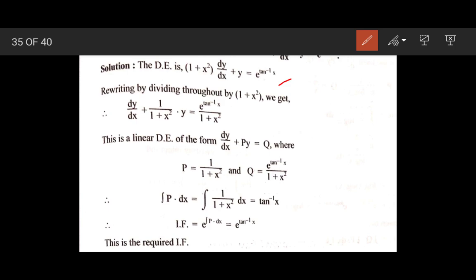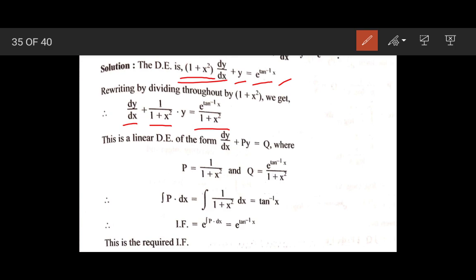Now we will rewrite this by dividing both sides by 1 + x^2. When we divide the first term by 1 + x^2, we get only the dy/dx term, then plus 1/(1 + x^2) times y equals e^(tan^-1 x)/(1 + x^2).